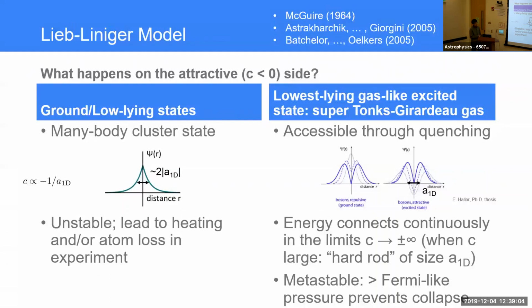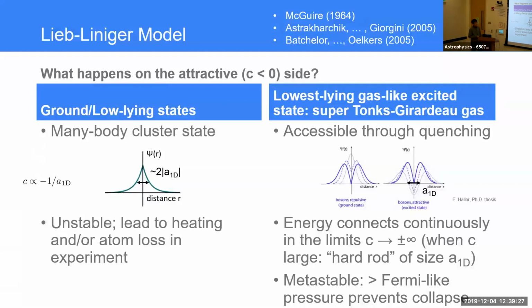On the left-hand side, I have a cartoon of the ground state wave function on the repulsive side. As we tweak up the interaction to be increasingly repulsive, you can see a cusp form at 0 distance gradually. And this is what you expect if you observe fermionization. On the other hand, now let's look at the attractive side, the excited state.